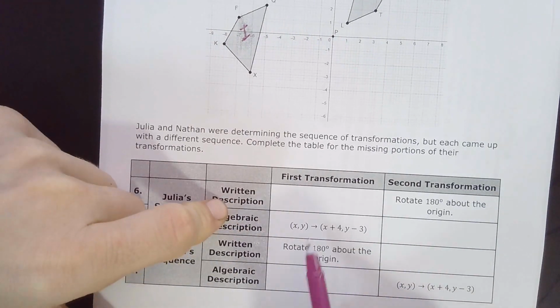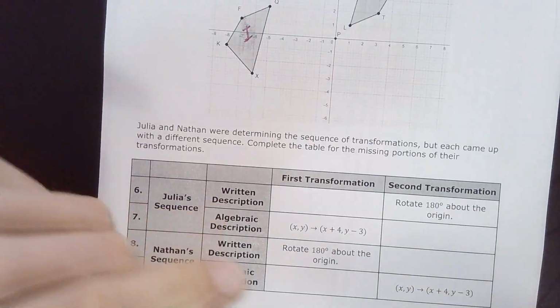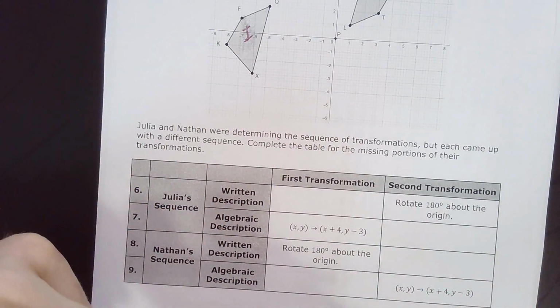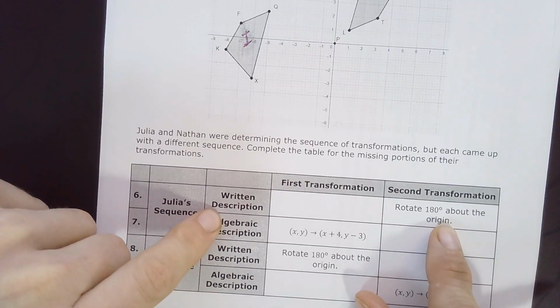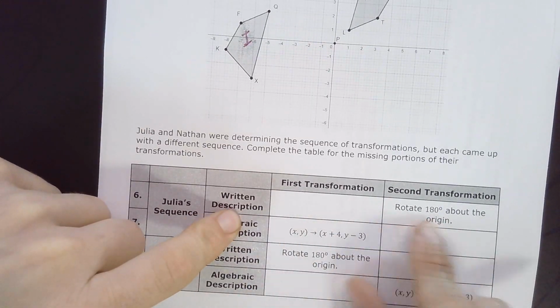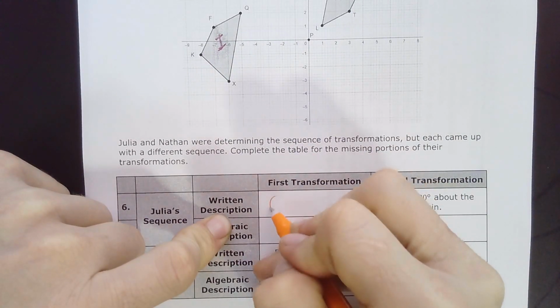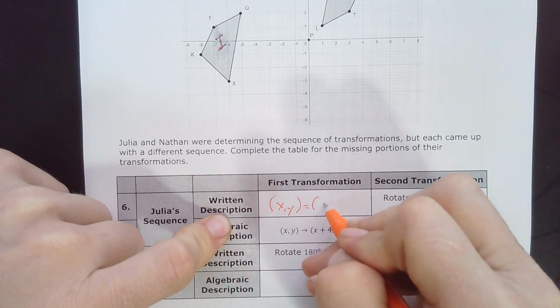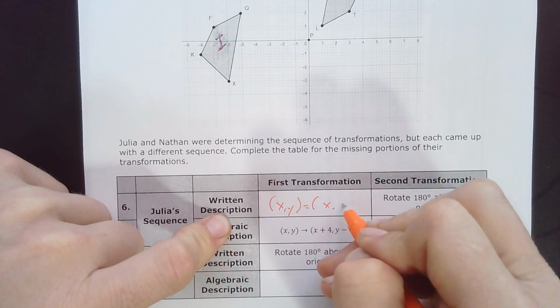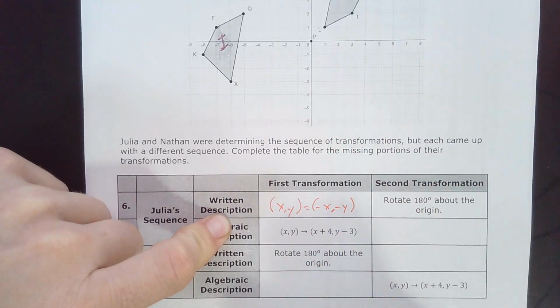Okay, so rotation about, we'll call the first transformation an orange one. So rotate about the origin 180 degrees. Well, if you remember from earlier, for a 180 the x's and y's stay the same, but both of them flop.